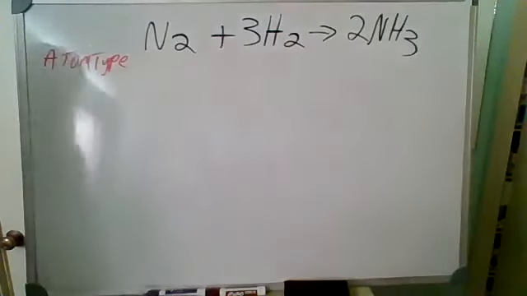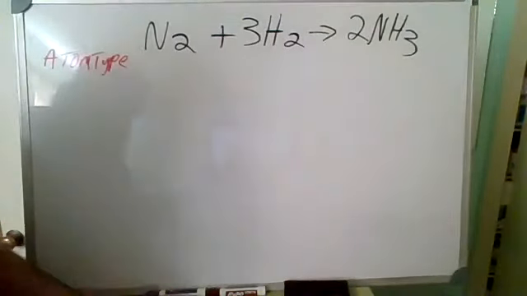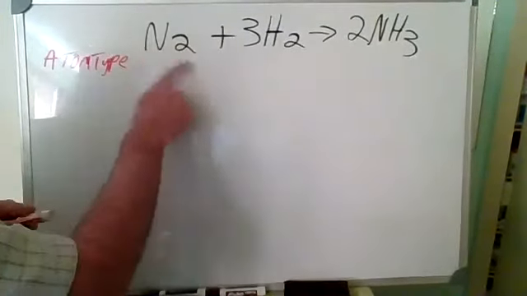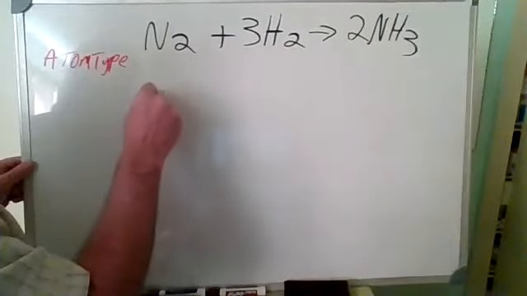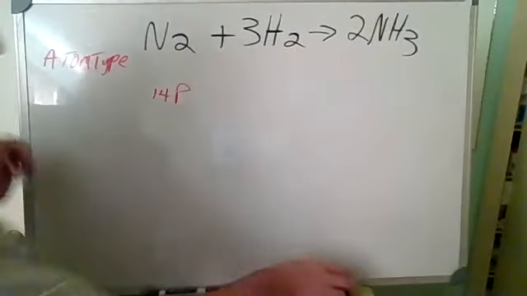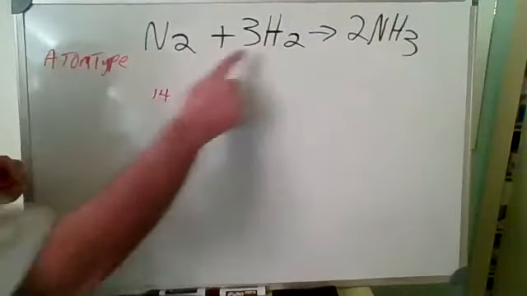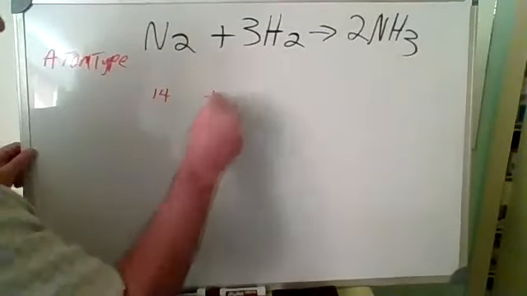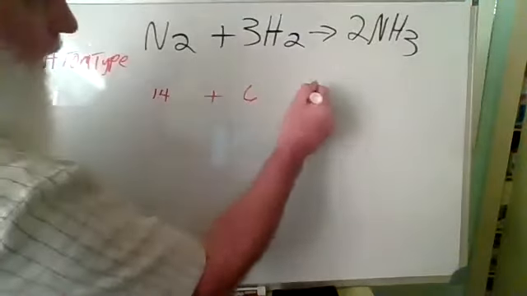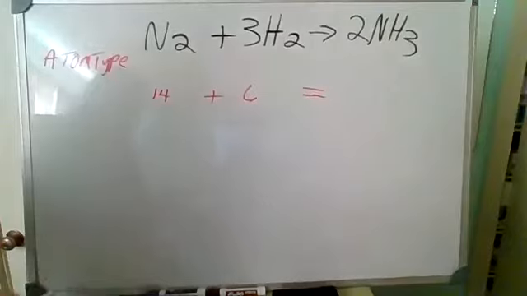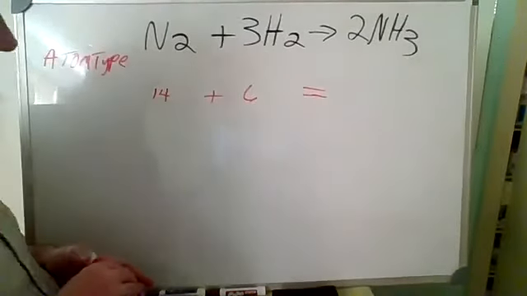Let's take a look at whether or not the number of protons are conserved. Here I have 2 nitrogens, so that's 14 protons. Here, we'll just write 14. We know they're protons. Here I have 6 hydrogens, that's 6 protons. We can think of this arrow as an equal sign. We've talked about this before when we discussed conservation of mass.